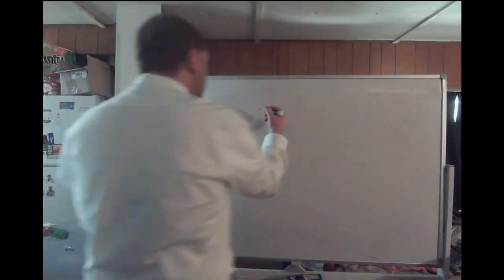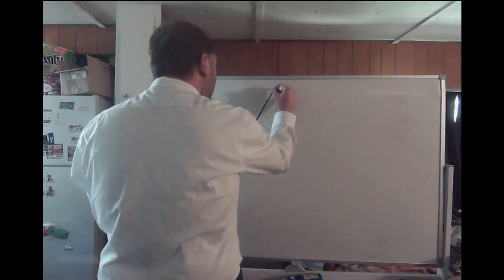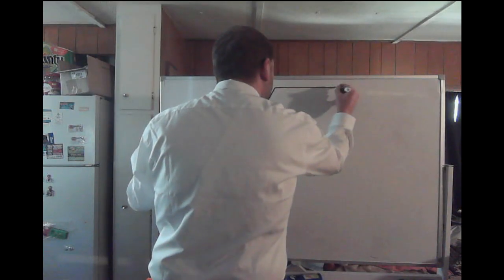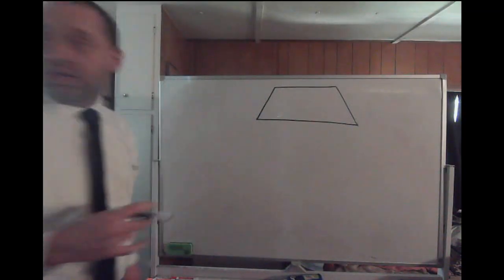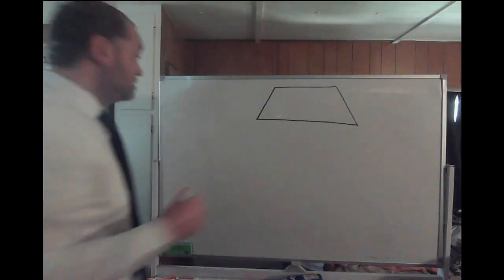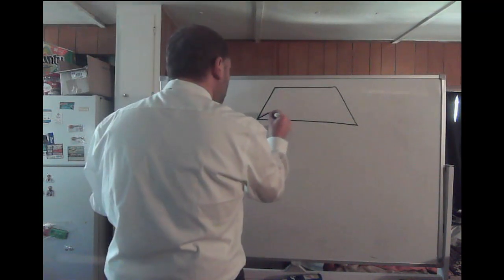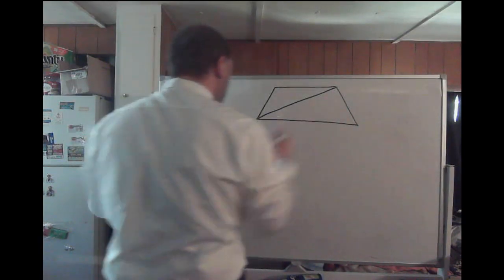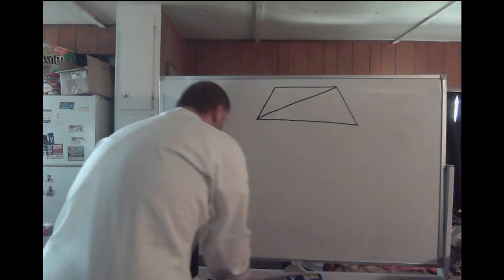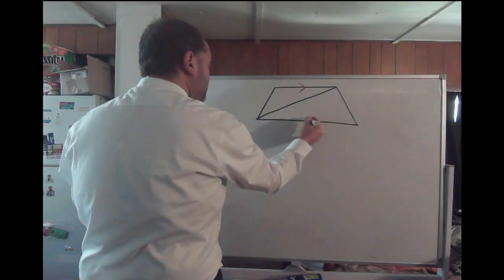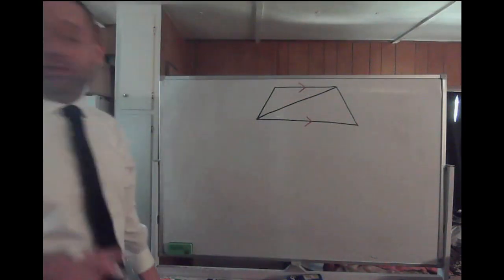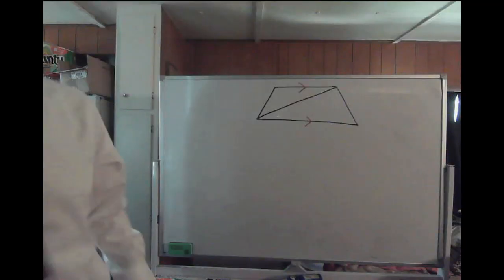Okay, basically I'm drawing a trapezoid here. This is a diagonal. All right. So let's see, the top base is parallel to the bottom base. We do have that going for us.